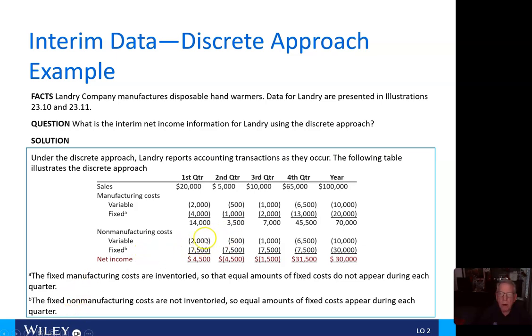That's alpha here. And then under Bravo fixed costs, the fixed non-manufacturing costs are not inventoriable. So equal amounts of fixed costs appear during each quarter.